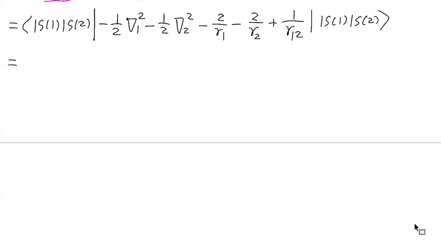The first term is only about 1s1, because you see, this operator only cares about the position of the first electron. And this operator only cares about the position of the second electron. It is the 1 over R12 that connects both electrons, right?